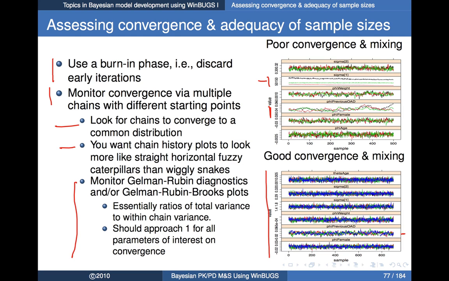Whereas for something like these, it's hard to distinguish chains. The distribution within a chain is very similar to the distribution across chains, so there you'd have values much closer to 1. And as I say, with the Gelman-Rubin-Brooks plots, you're looking for them to approach 1 for all the parameters of interest once the chains have converged.